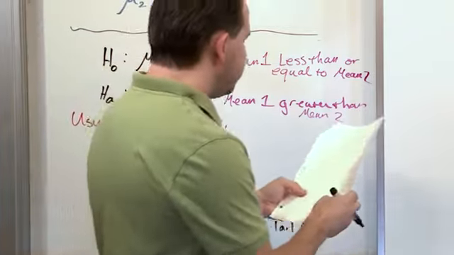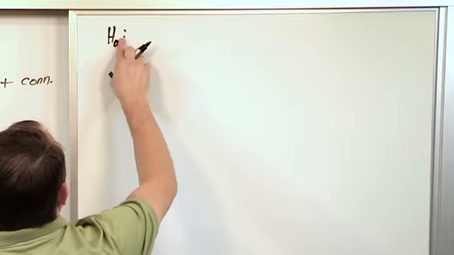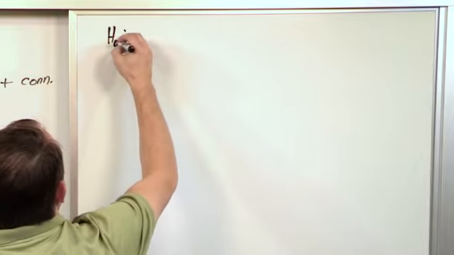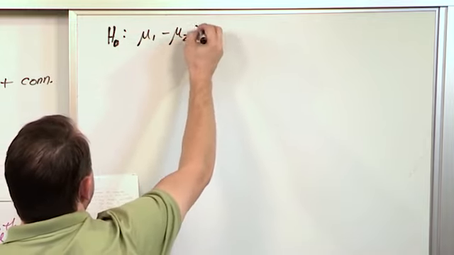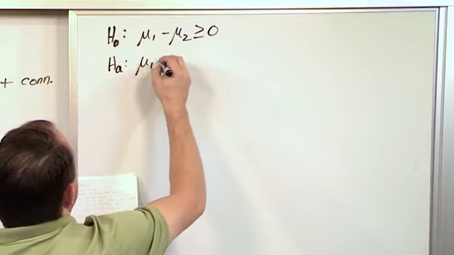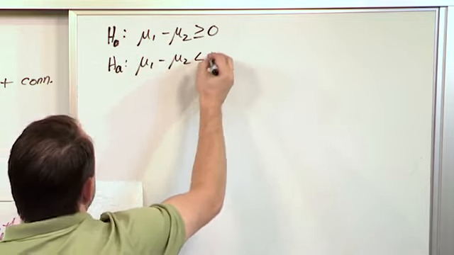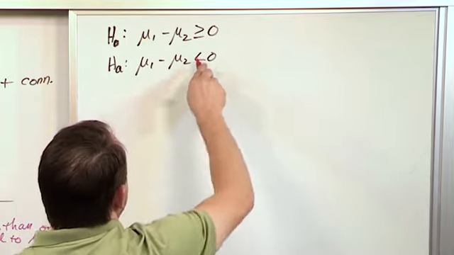You may have another type of null hypothesis and alternate hypothesis that might look something like this. Mu1 minus mu2 is greater than or equal to 0. And then the alternate would have to be mu1 minus mu2 is less than 0. And this is exactly the same as what I just wrote, except that the signs are flipped around.